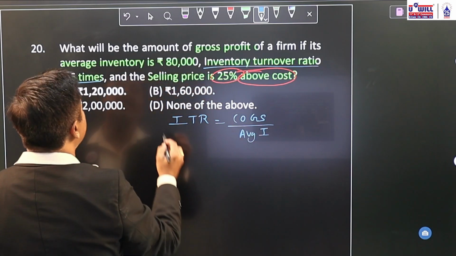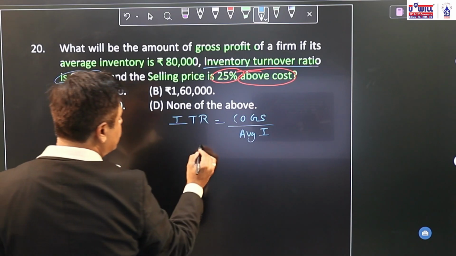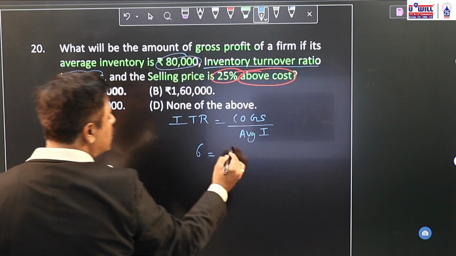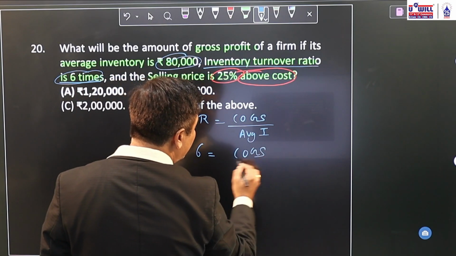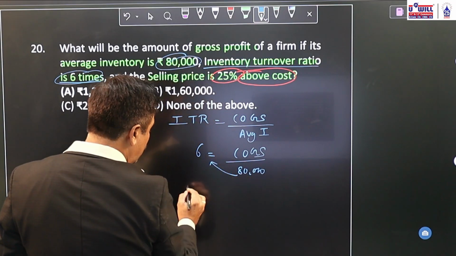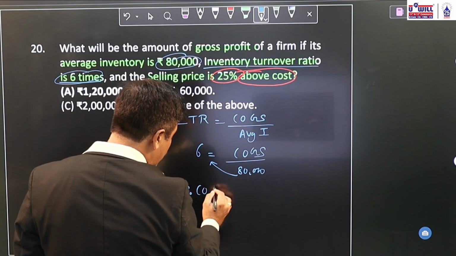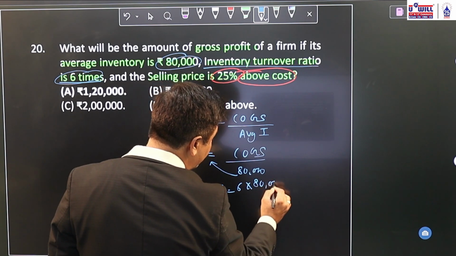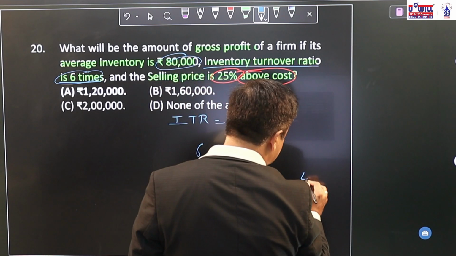Now this is already given to you as 6 times. Average inventory is given 80,000. Cost of goods sold can be obtained from this. If you multiply it, cost of goods sold equals 6 into 80,000, 4,80,000.